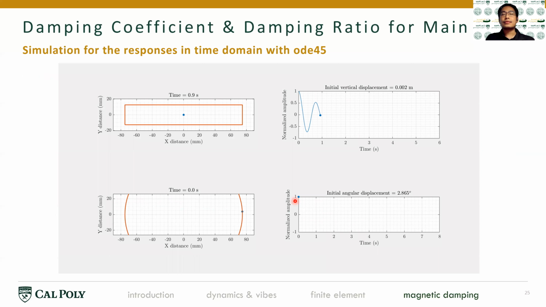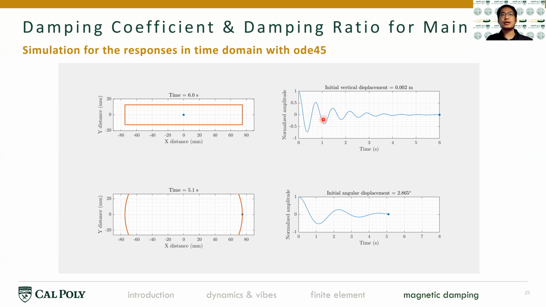And on the slide here, you can see the animation I made for the vertical mode and the yaw mode. You see that the yaw mode reached below 50% of the amplitude within 1 second. And the vertical mode also reached below 50% under 1 second.